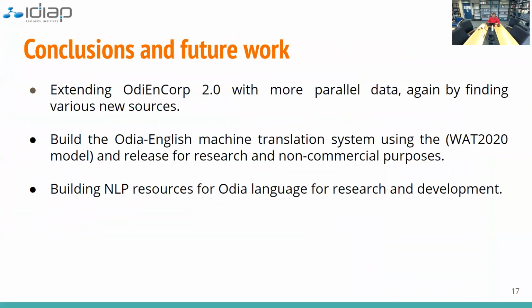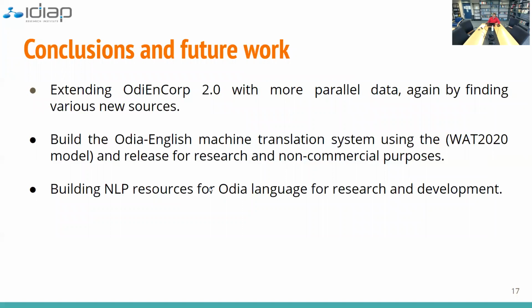And in the end, we want to say that in future we want to extend Odian Corp 2. We also try to release our Odia-English machine translation systems, which we used in WAT 2020, for everyone, mostly for research and non-commercial purposes.